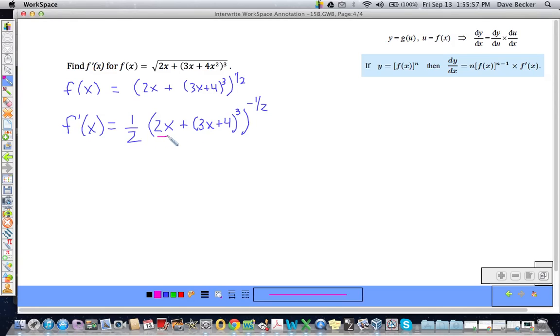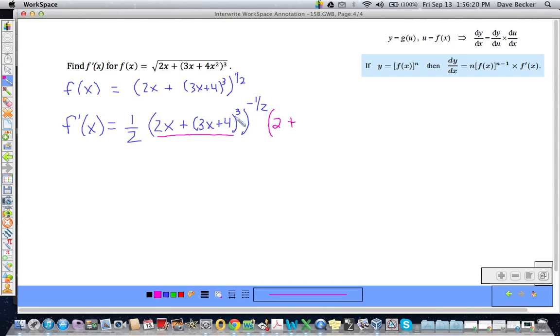Now I have to take the derivative of the inside and multiply it. So the derivative of 2x is 2 plus, oh my gosh, I have another little chain rule in here because (3x plus 4) cubed is a function within a function.